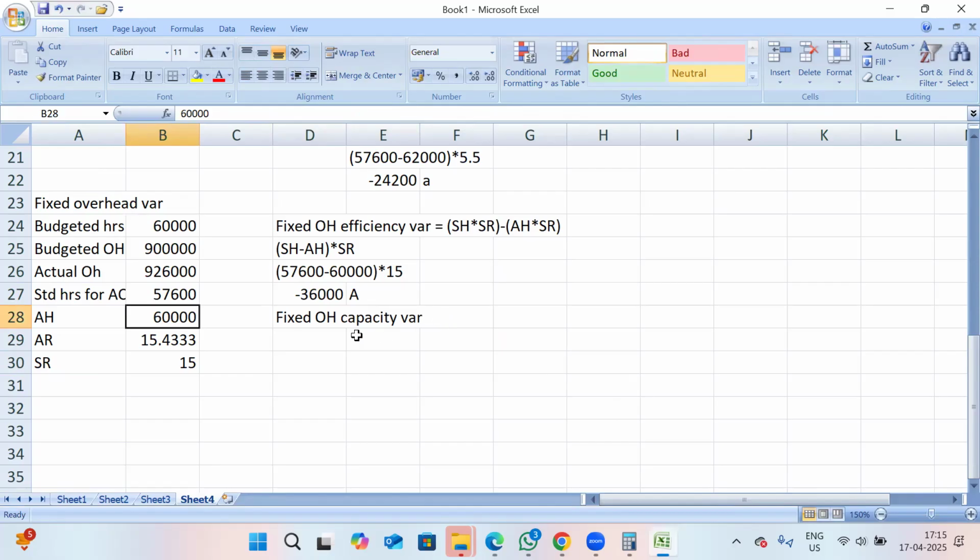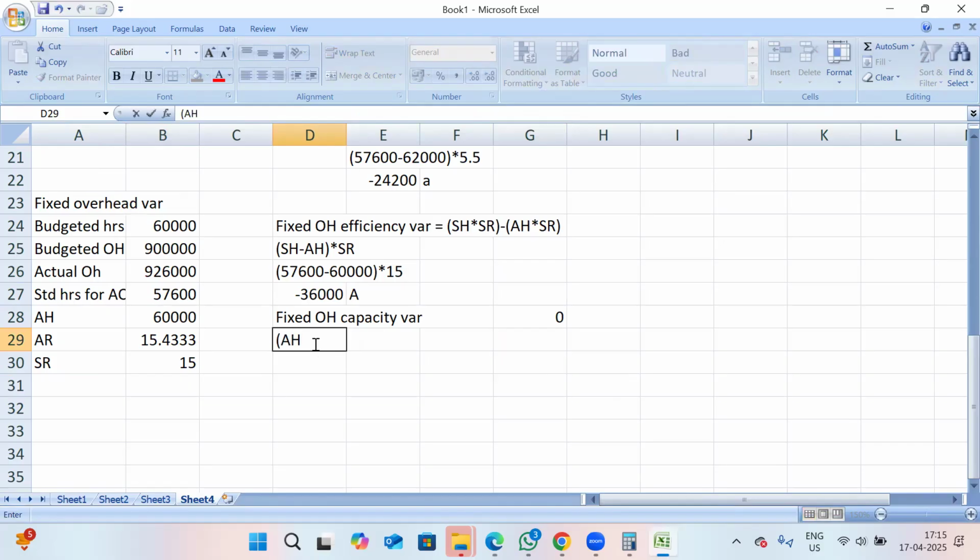So there should be no capacity variance at all. So my capacity variance is 0. Remember, capacity variance is always calculated using budgeted hours and actual hours.